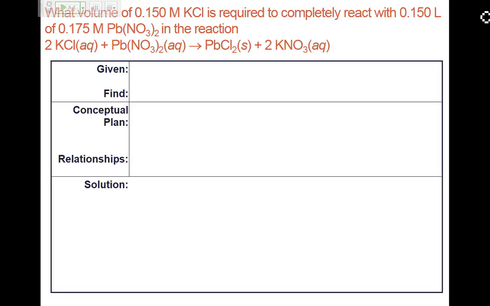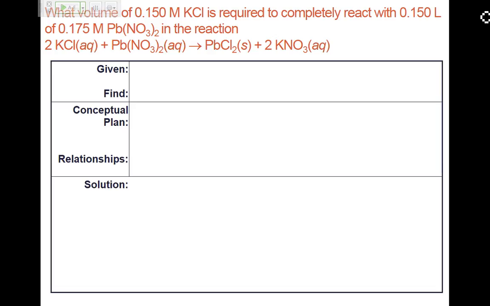So first off, I'm given my concentration of my KCl solution that I have available. And don't just write down 0.150 molar, write down 0.150 molar KCl solution. Because that is the concentration of KCl solution. That's not the concentration of anything else that we have. So that's very important.